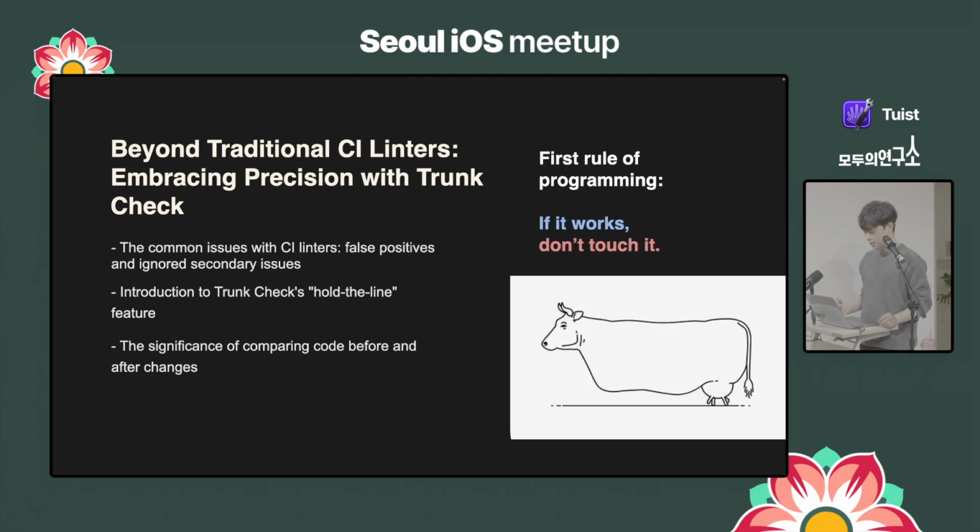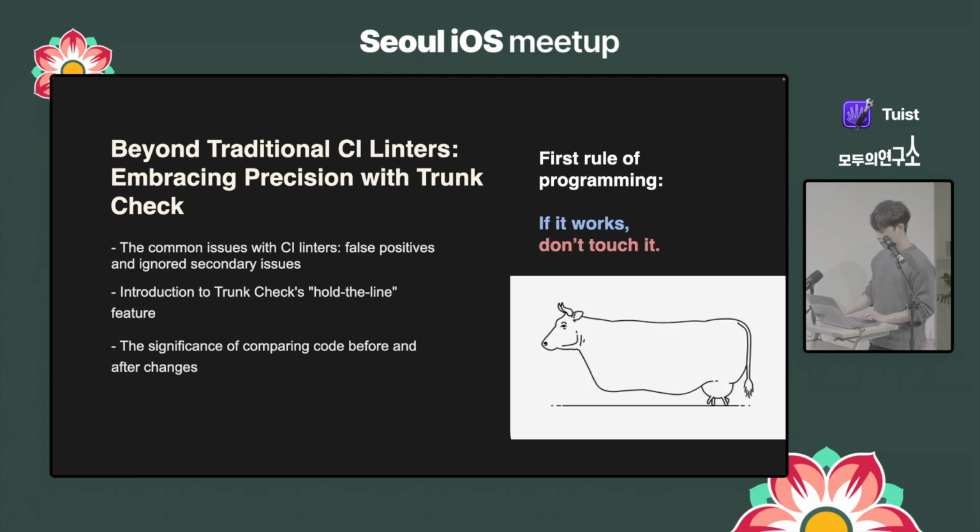Linters are great tools, but they often present us with a dilemma. On one hand, we deal with overwhelming numbers of alerts, including those we are already aware of, slowing us down. On the other hand, ignoring issues not directly touched by our change can lead to overlooking important secondary effects.